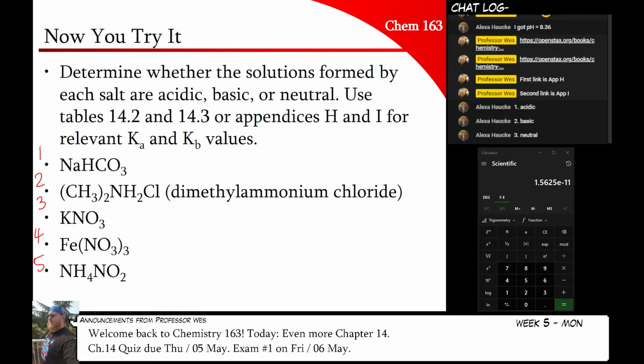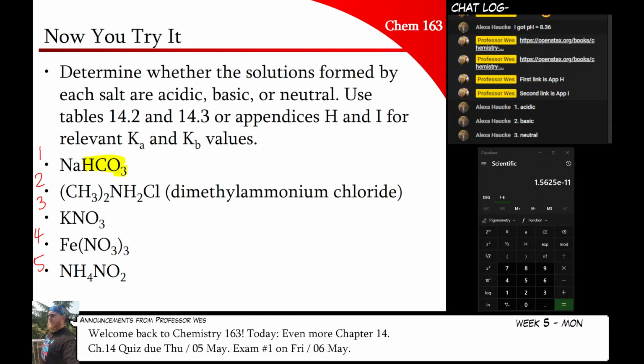All right, let's go over the answers here. So the first one, sodium is completely neutral because it's only a plus one charge. This right here is bicarbonate.